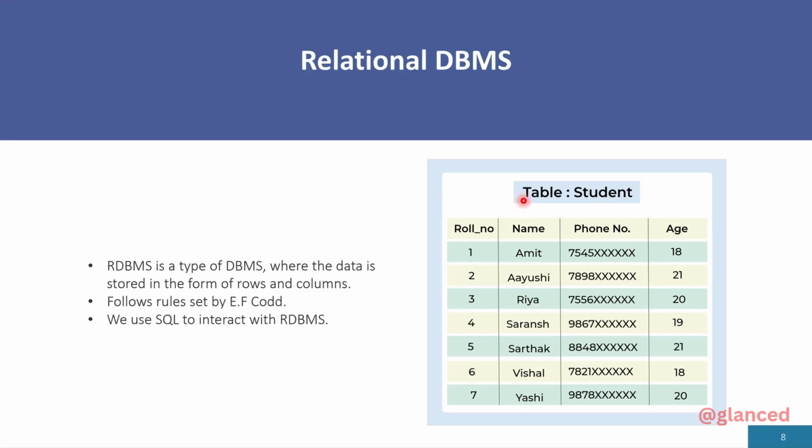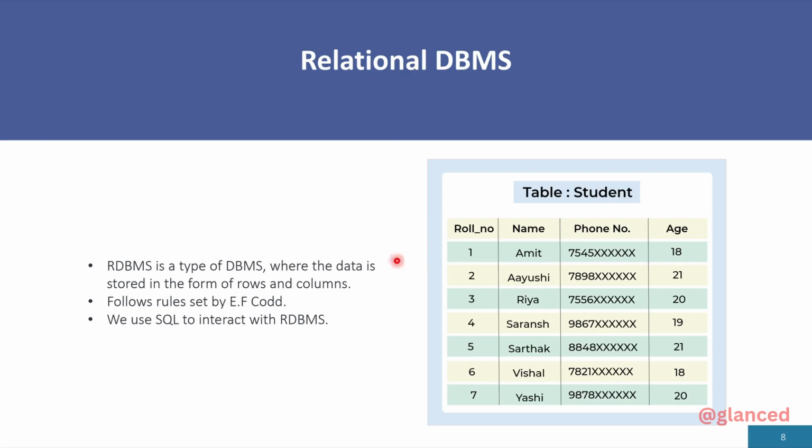Here you can see this is the student table. How the data is organized here, in the form of tables, right? These are the columns and these are the rows. So relational DBMS follows a relational model. What is meant by relational model is that it states that the data should be stored in the form of tables only.